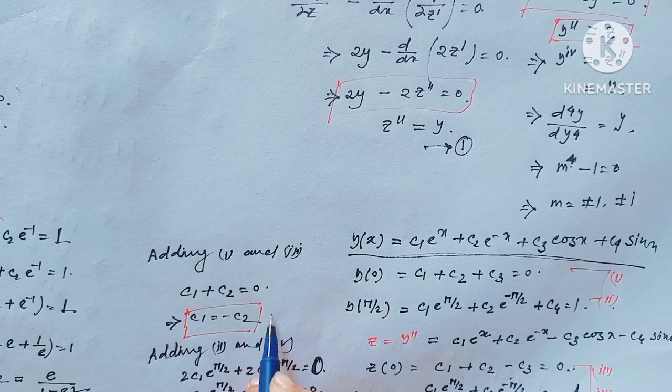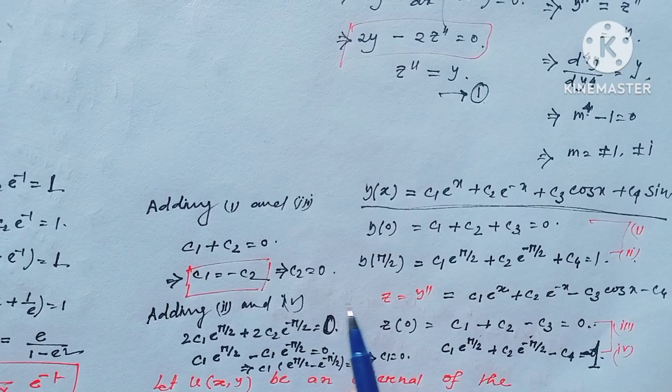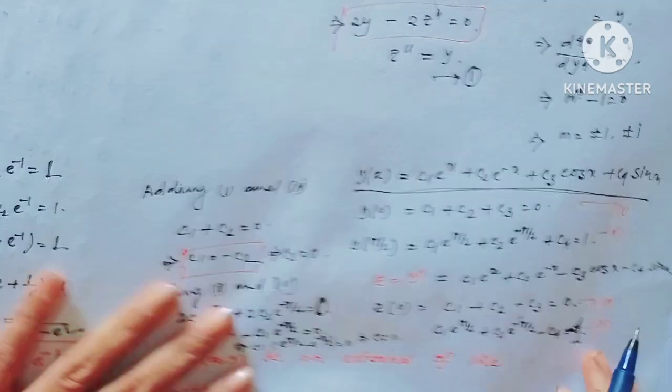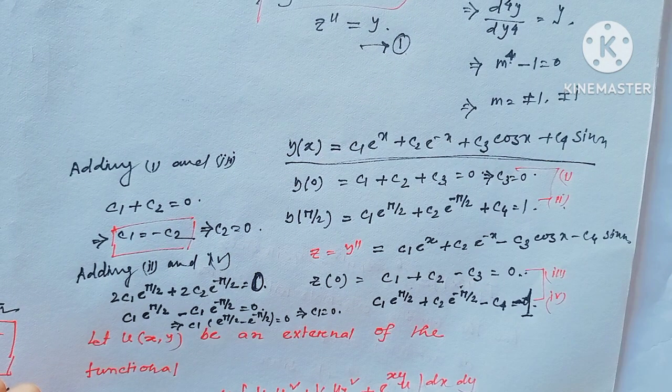And if c1 equals 0, that implies also c2 equals 0. Since c1 and c2 equal 0, that implies c3 equals 0.